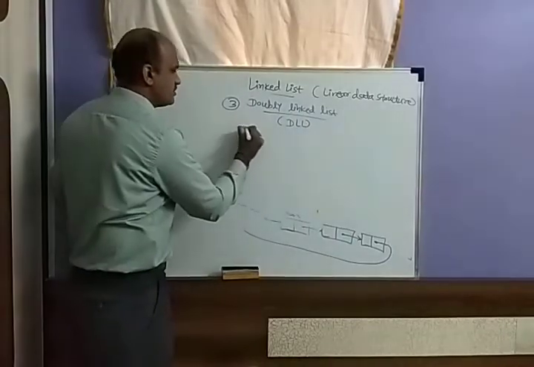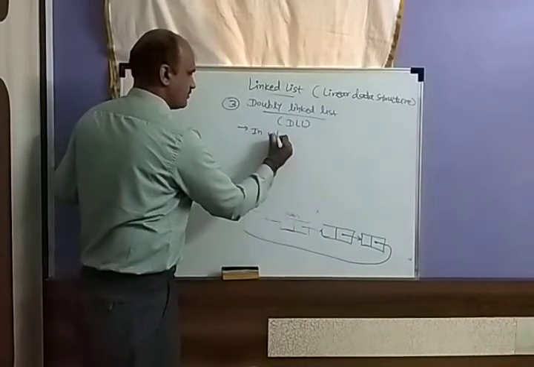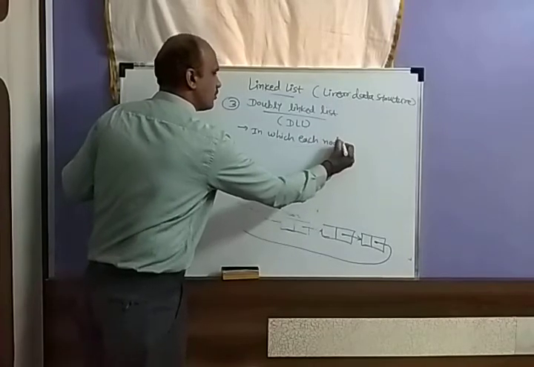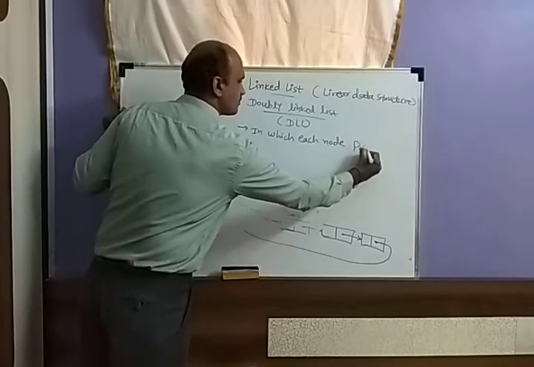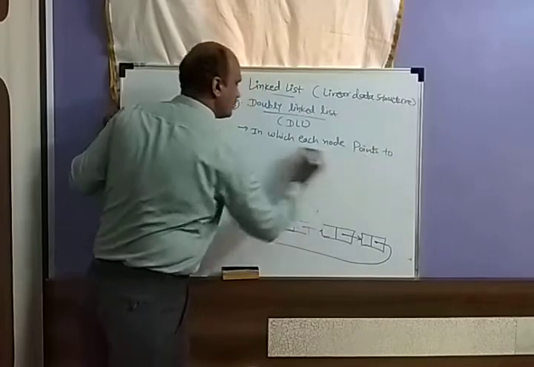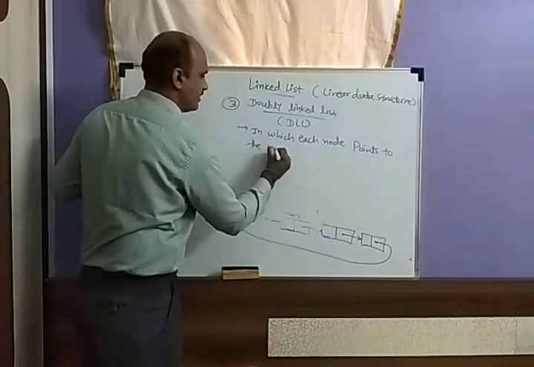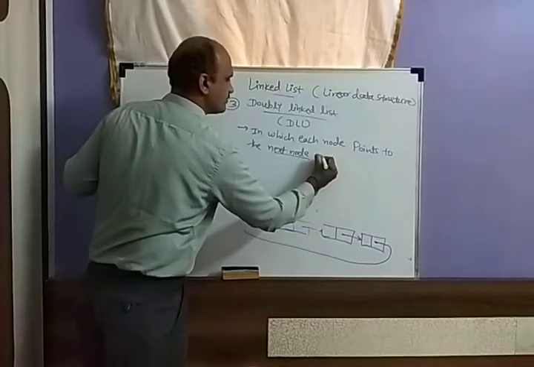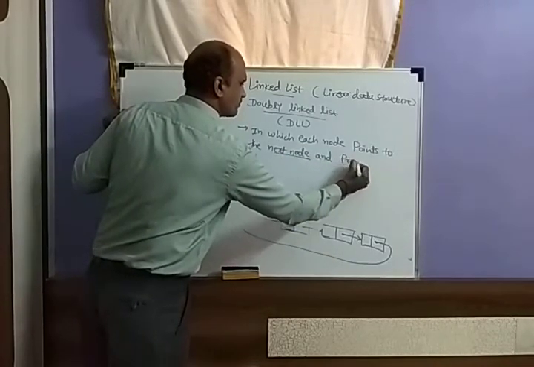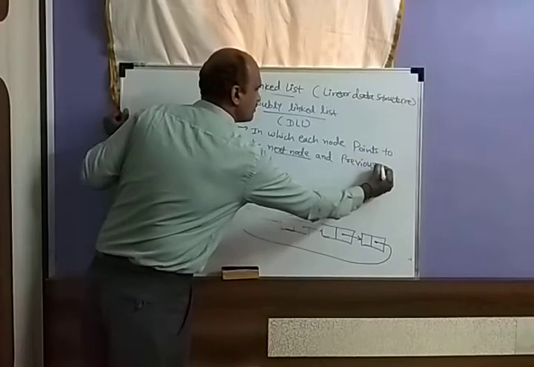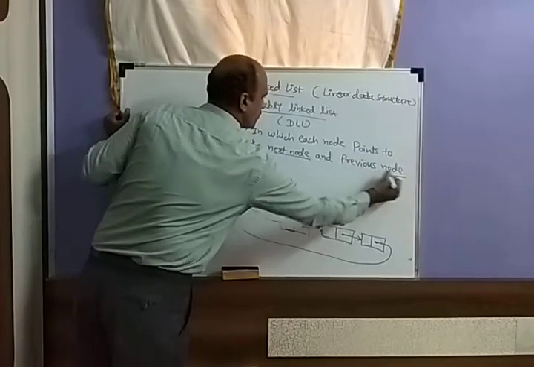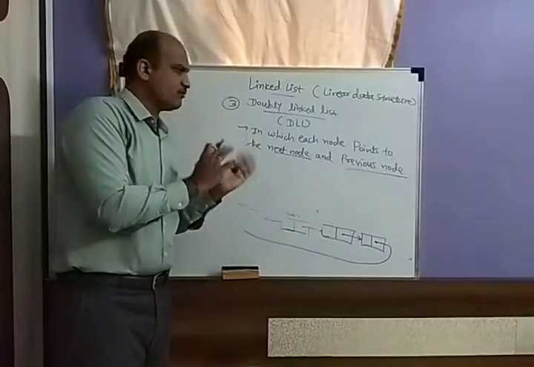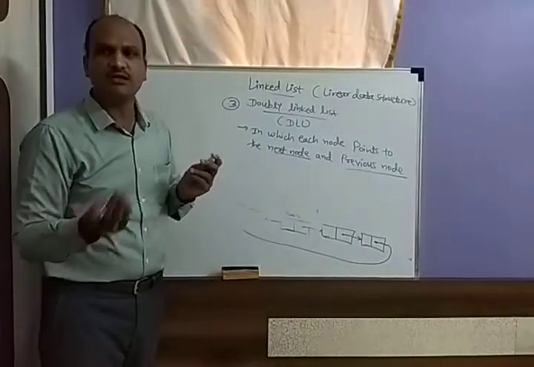In which each node points to the next node and the previous node. So here two links are there, one for the next node and one for the previous node.